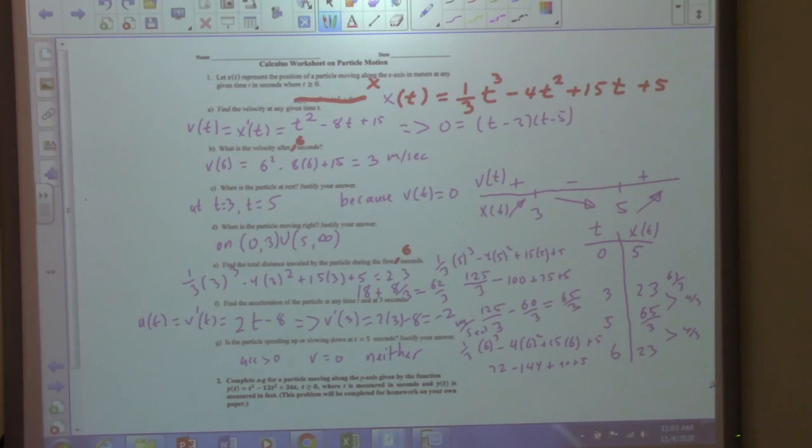First 3 seconds like this. Next 2 seconds, we went back just a little bit. And then right at t equals 5 seconds, what happened there? We're motionless at that instant before we go forward again. So then, we have neither slowing down nor speeding up.